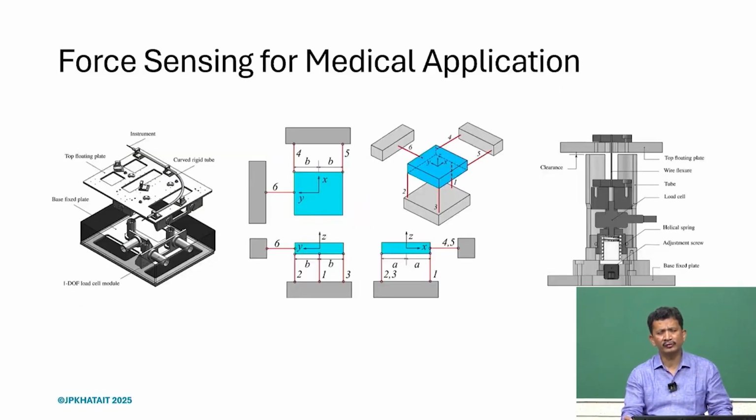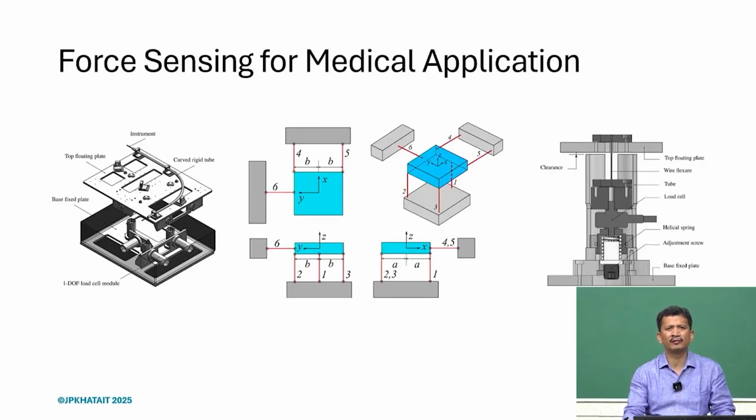Some more examples, for instance, for medical applications, or some other application where you want to design sensors. In this case, it's for force sensing, and this is from my PhD work in the Netherlands.